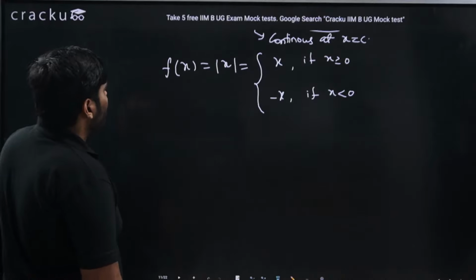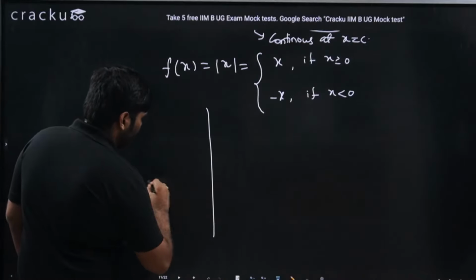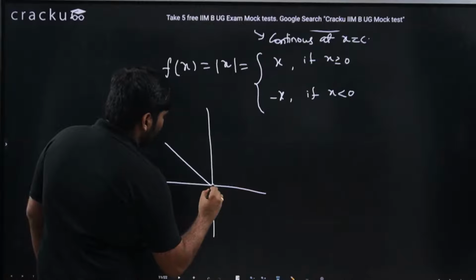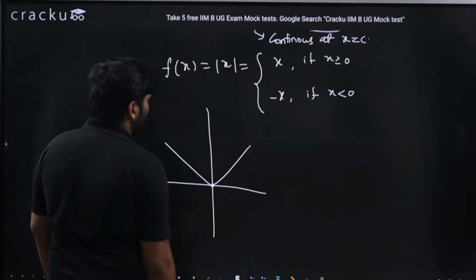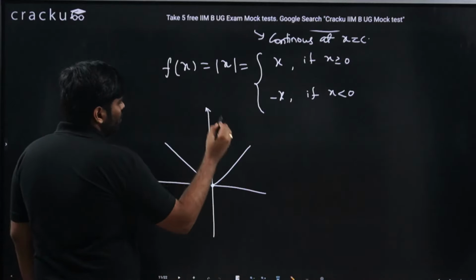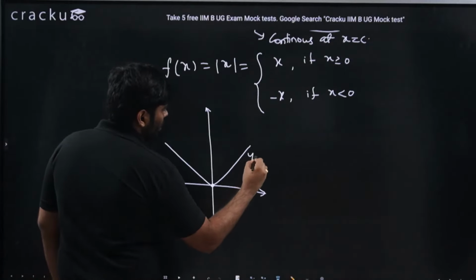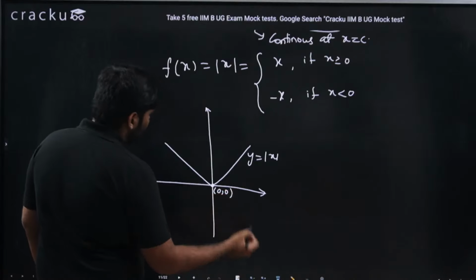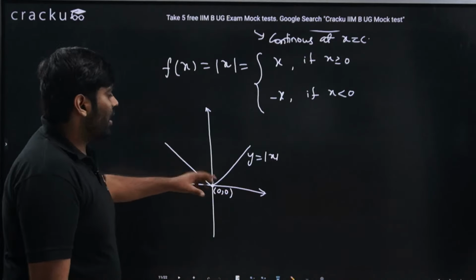If this is the thing, how does the mod x graph look like? It looks like y equal to minus x if x is less than 0 and y equal to x if x is positive. This is how the graph of y equal to mod x looks. Now let us focus on the point 0 comma 0. Is it continuous?